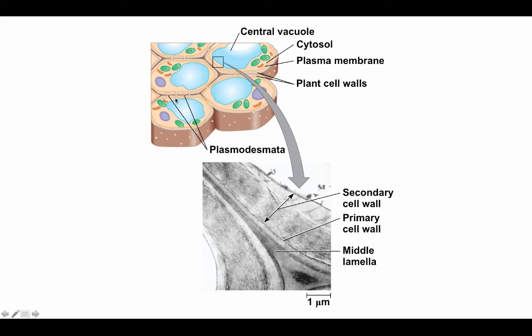Materials can move between the cytoplasm of these different plant cells. And here you can visualize the primary cell wall, that middle lamella that's going to be between the primary cell walls of adjacent cells. So this is a separate cell here. And then this thick, more rigid secondary cell wall on the inside between the plasma membrane and the primary cell wall.